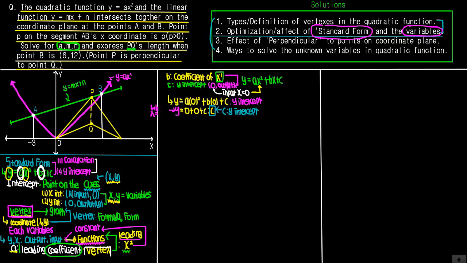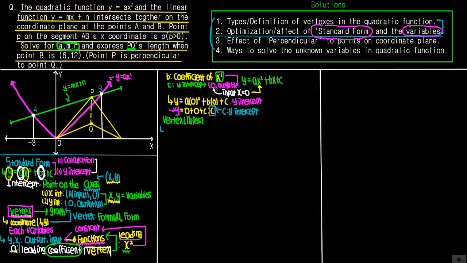And now let's think specifically about the a. It will be related to our vertex, especially to its types. Through the a value, we'll be able to solve for the first thing that we need to know in order to approach this question, which is the types, as well as the definition of vertices in the quadratic function.